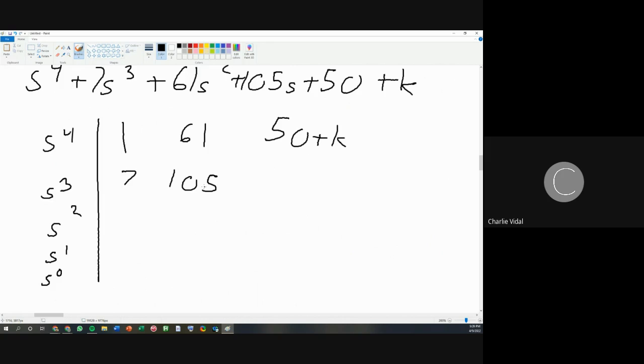Okay. You're going to find B1, B2, C, and D. Let's do this together. B1 is equal to 7 times 61 minus 105 times 1, divided by 7. I'm not going to write that in because I'm running out of space. B1 is equal to 61.